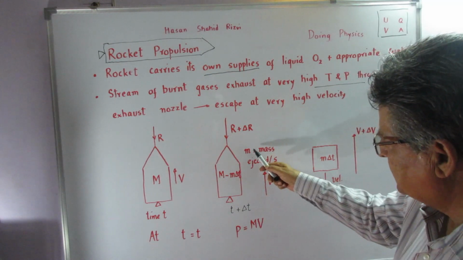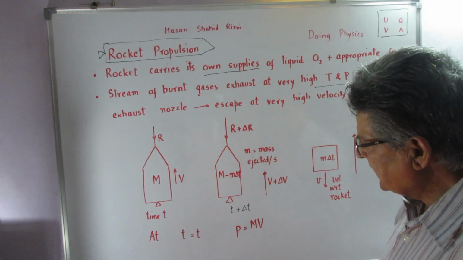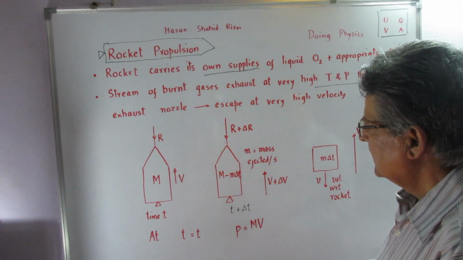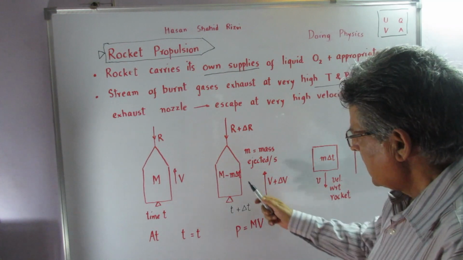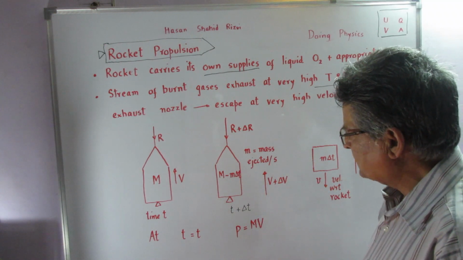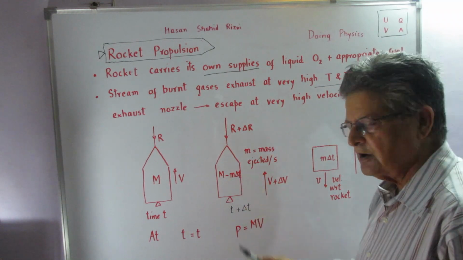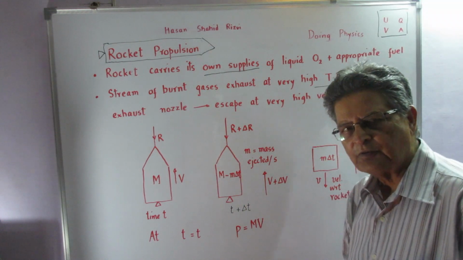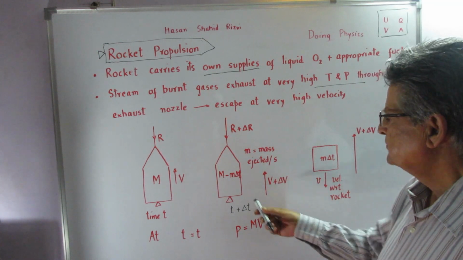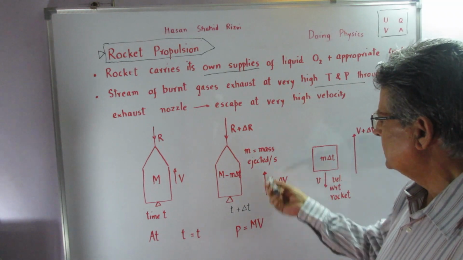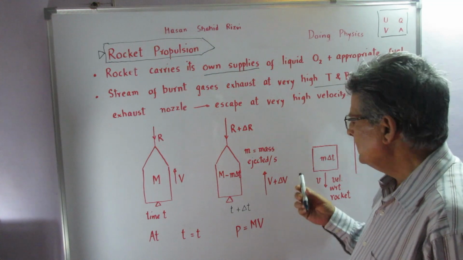So this is kilograms per second. As a result, the mass of the system decreases. If delta t time has elapsed, then m into delta t is the mass of the gases that have exhausted, and of course the velocity of the rocket enhances to capital V plus delta V.